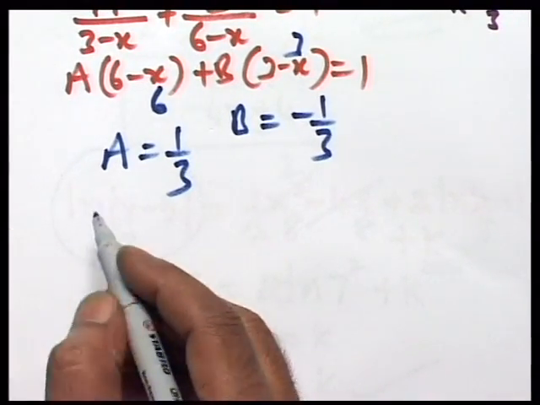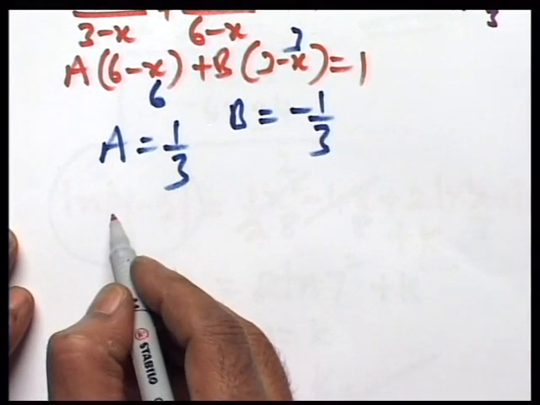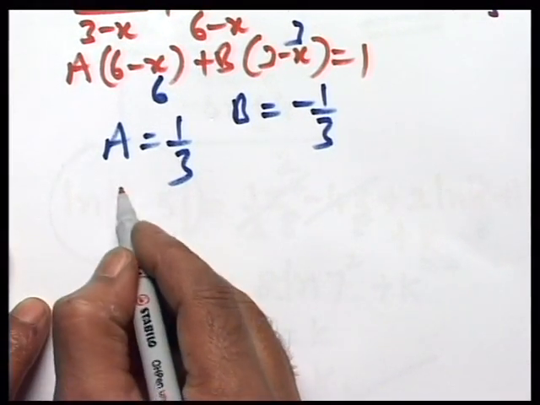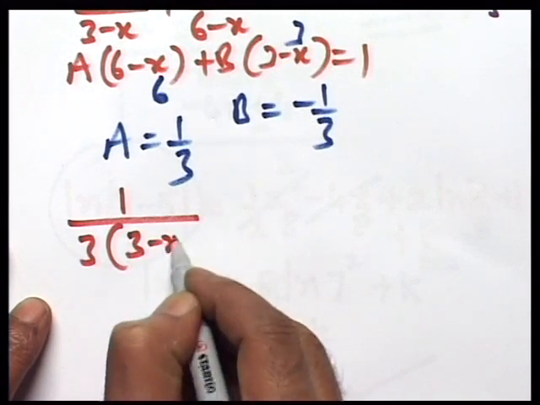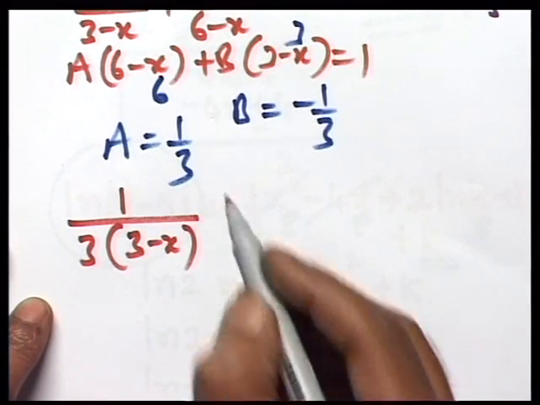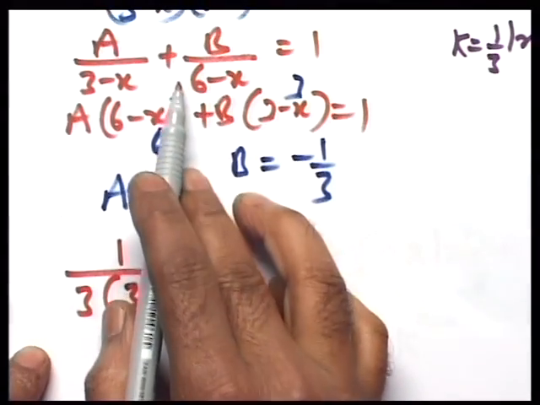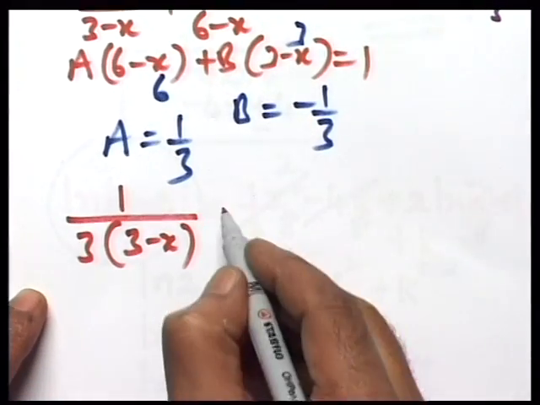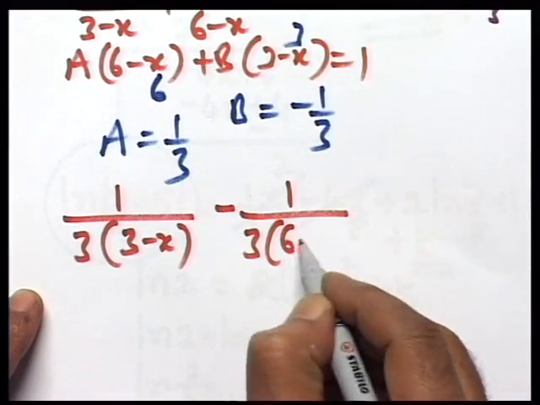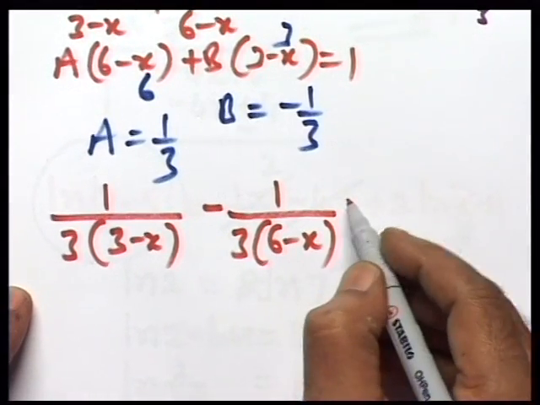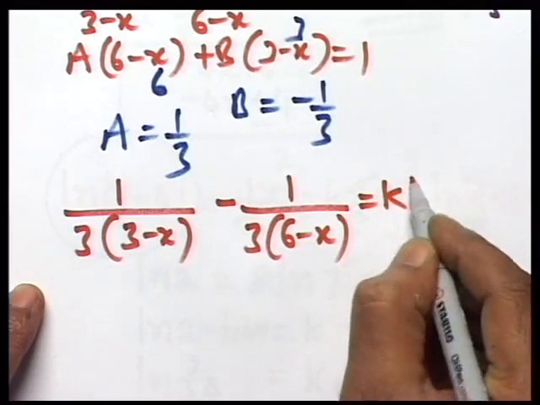So now my question looks like, watch there, it's 1/3 inside the bracket 3 minus x, and then plus, that's a plus, but b is minus, so let's write minus 1/3 over 6 minus x, equals, on the right hand side, kt.